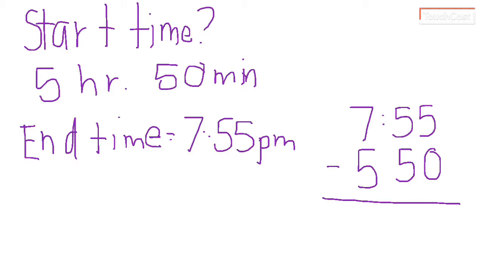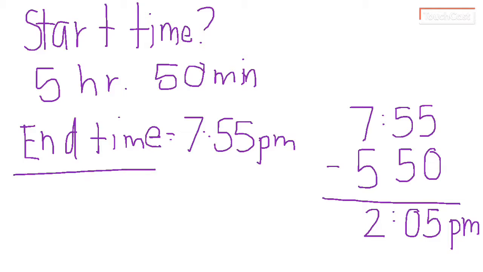I'm going to subtract the 5 hours and 50 minutes. So 55 minutes minus 50 minutes is 5 minutes. And then 7 minus 5 is 2. So our time is 2:05 p.m. So again, when we know the end time, we want to subtract. Instead of before, when we knew the start time, then we needed to add.